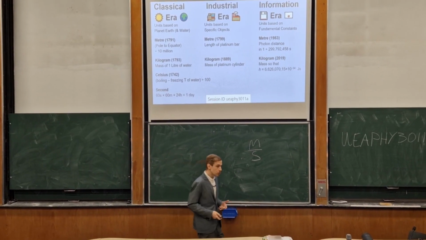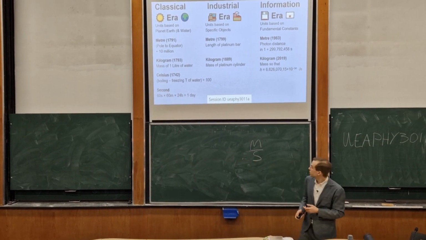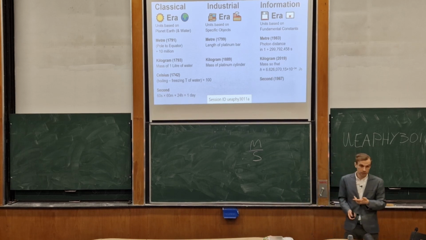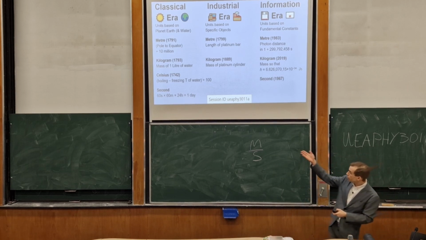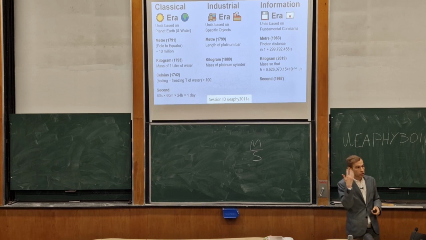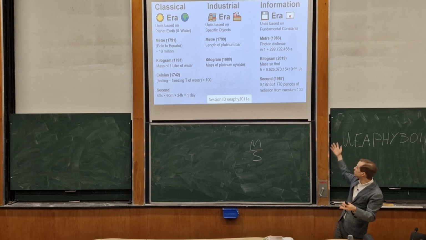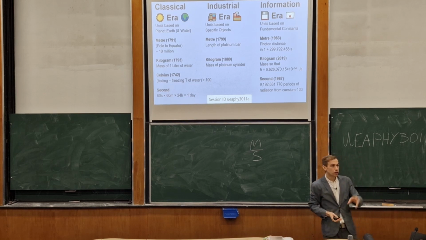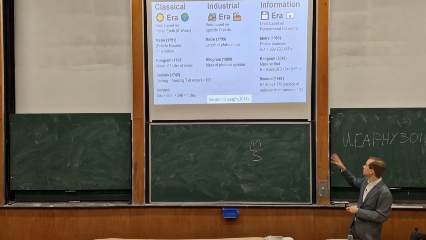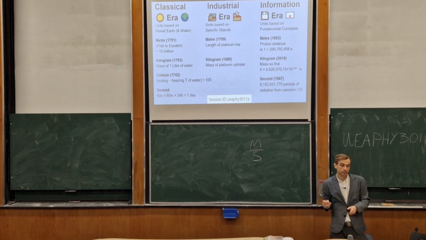So then the last unit that we need to think about for today is the second. So whereas it was originally based on the rotation of the Earth, it's now based on cesium atomic clocks. And it's specifically 9 billion and something periods of radiation from a specific isotope of cesium, cesium-133.